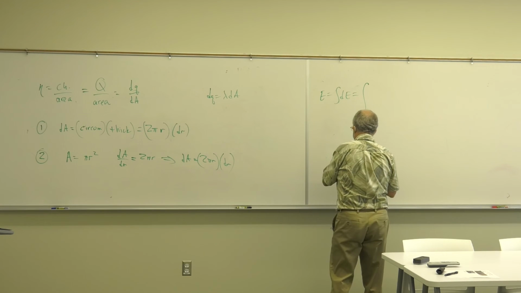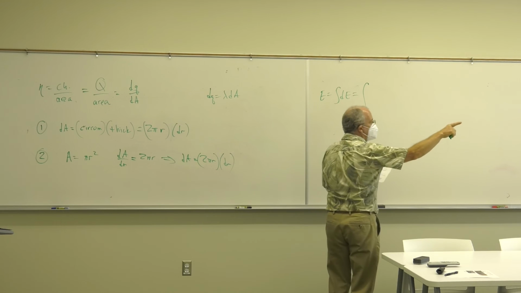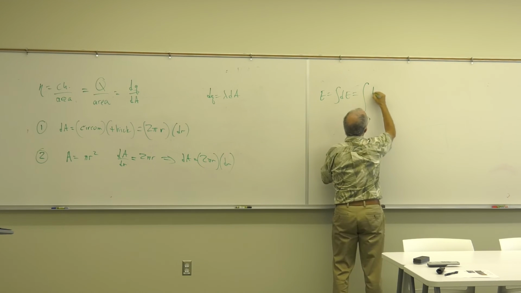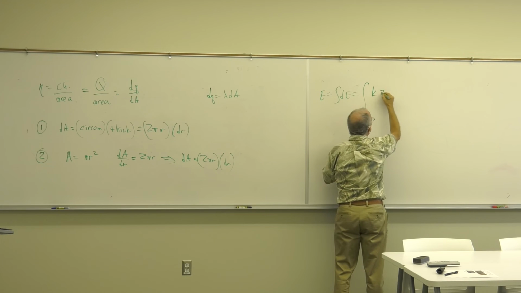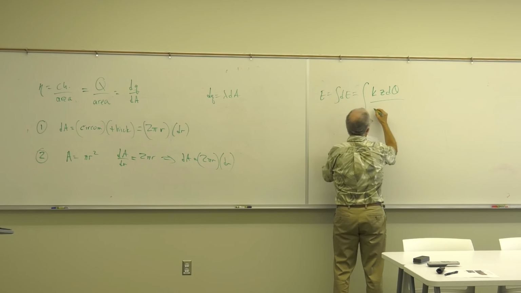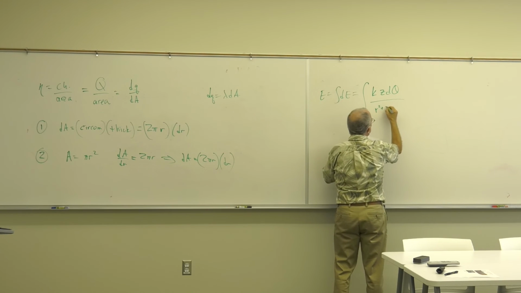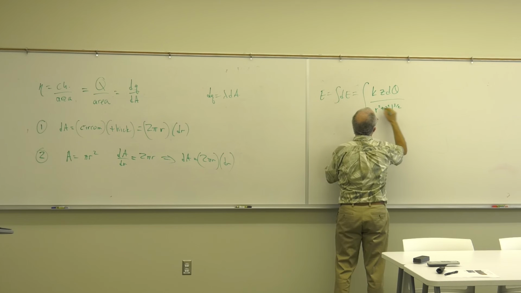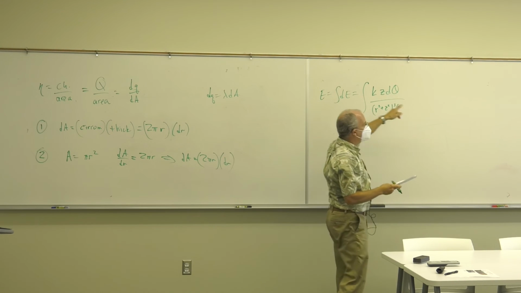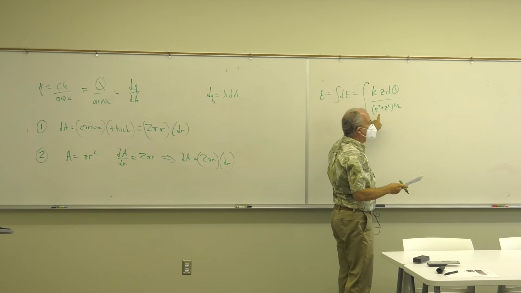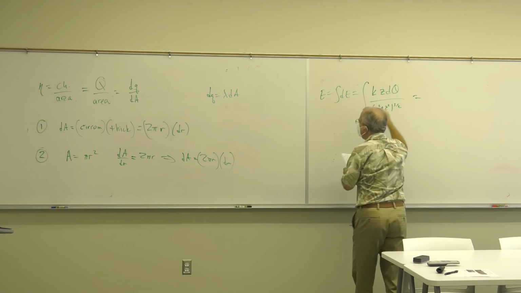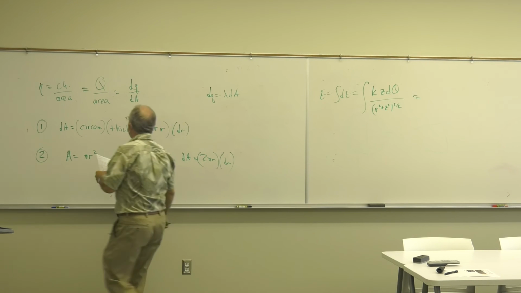So we have K dQ z, right? So I'm just going to write K z dQ over (r squared plus z squared) to the 3/2. Okay? So far, so good? I've just substituted dQ for Q and little r for big R. But now, what is big dQ?